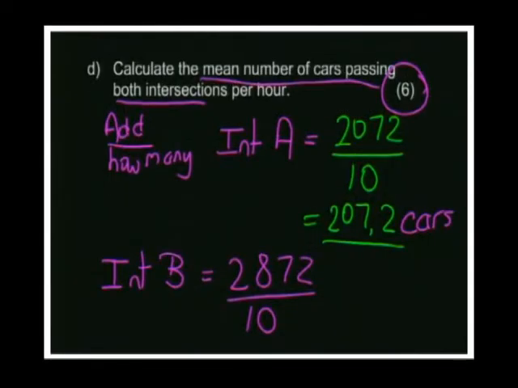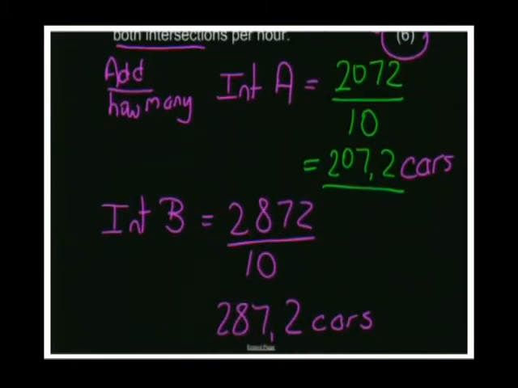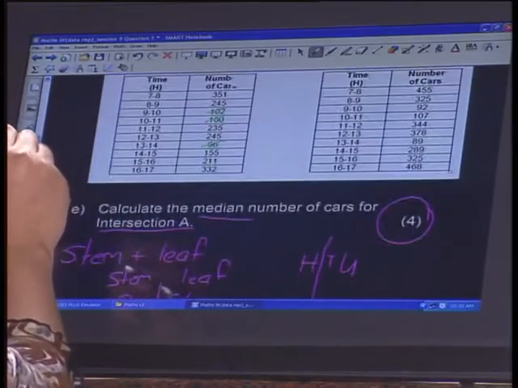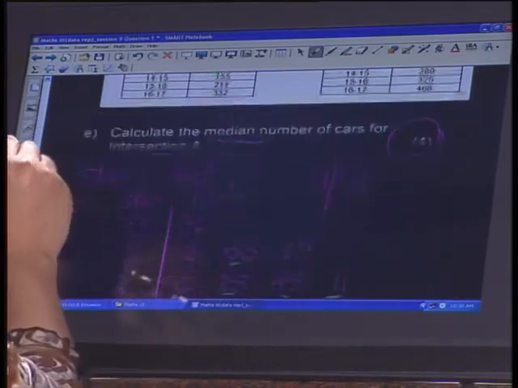Right, when we looked at the mean, our mean number of cars at intersection A was 207 cars, and intersection B was 287. So I think that's a very important fact, that the mean is higher for intersection B than it is for intersection A. So we're going to remember that fact. Well, we needed our median.